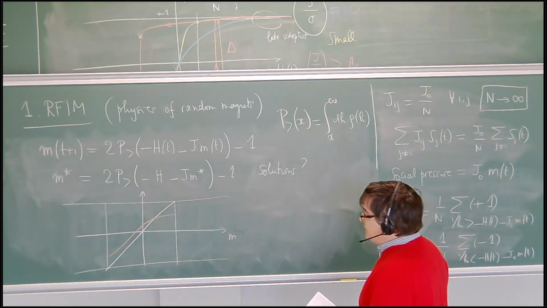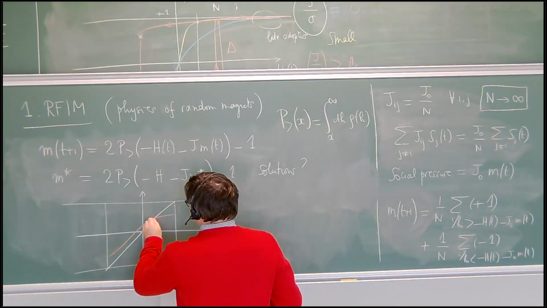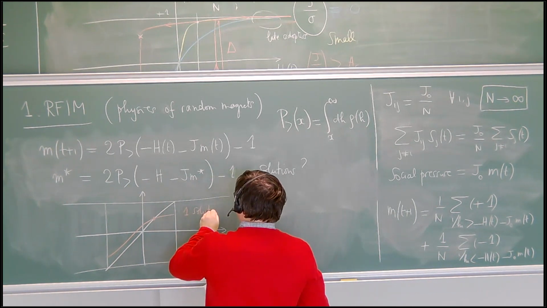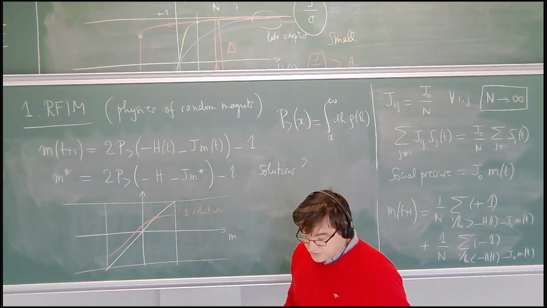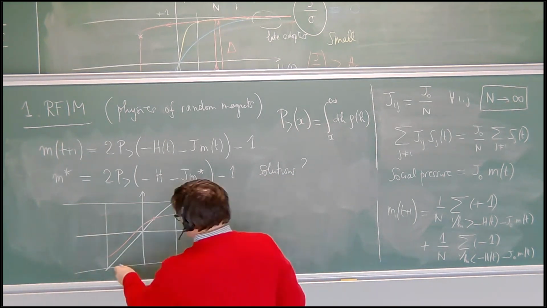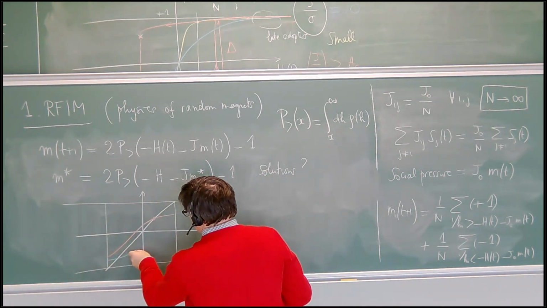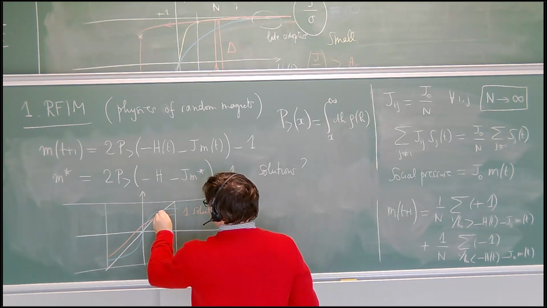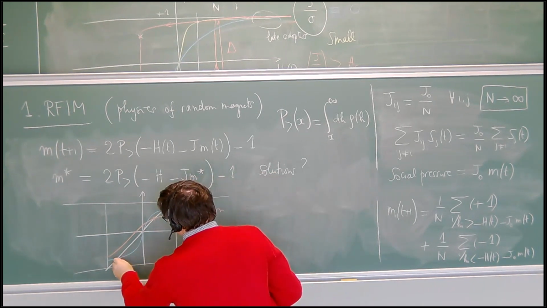So in this case, there would be only one solution. But I can also have cases where this looks like this. And in this case, I would have three solutions.